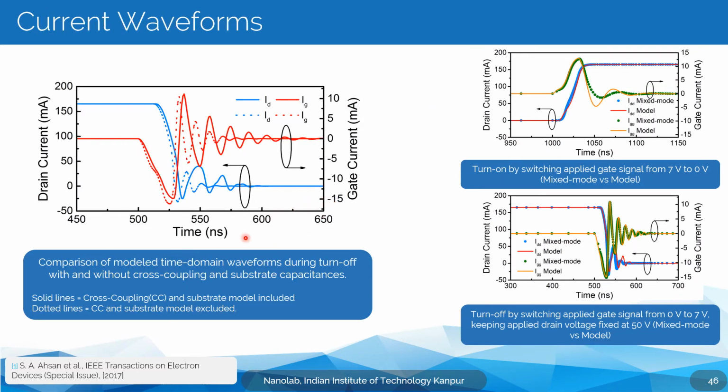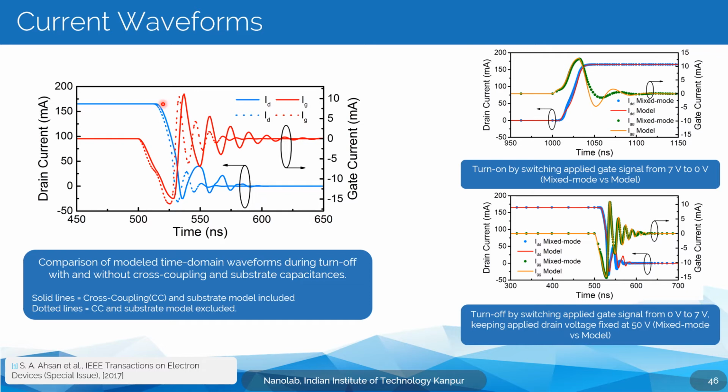Now, as I mentioned earlier, the ASM-HEMT model also includes the cross-coupling and the substrate models for capacitance, and this really shows up in the current waveforms. If you look at these current waveforms for the drain current and the gate current, you'll see a very significant change, at least in the phase as well as the frequency of the ringing.